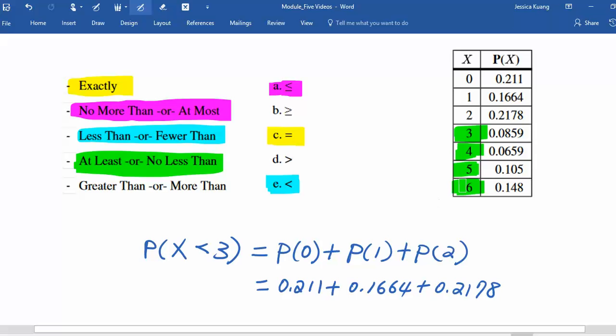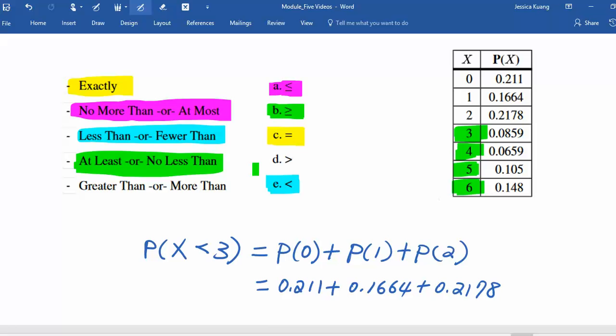And 6 is not less than 3. So if I have to translate this phrase to a mathematical symbol, I will have to use greater than or equal to. That by default, of course, gives us the translation for greater than or more than, which is equivalent to this mathematical symbol, strictly greater than.